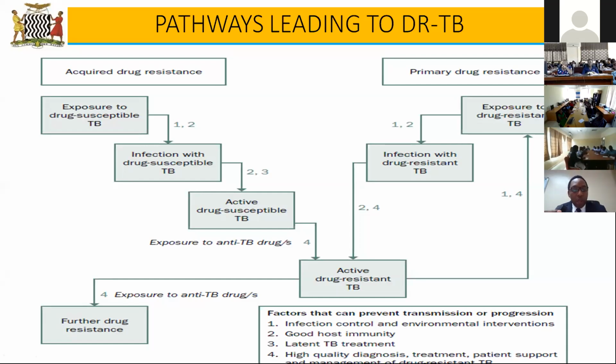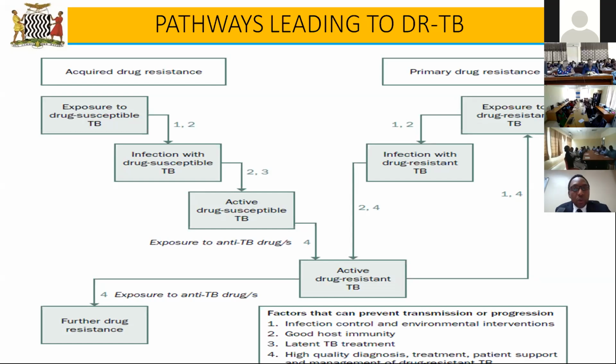I hope we are all clear. So in acquired drug-resistant TB, the take-home message is also that a person has been exposed to the TB drug, meaning a person has taken the TB drug before. Unlike primary drug-resistant TB, they've never taken any TB drug before.